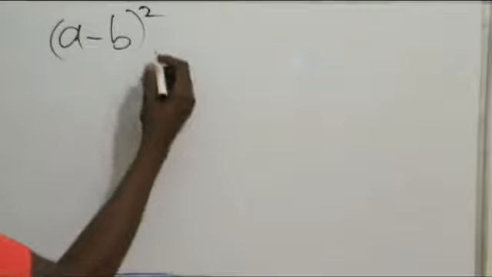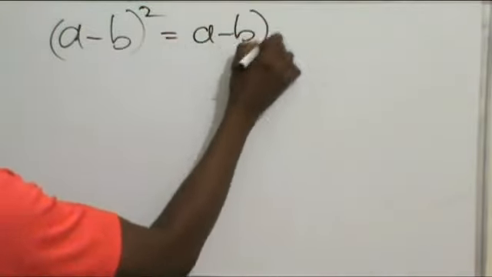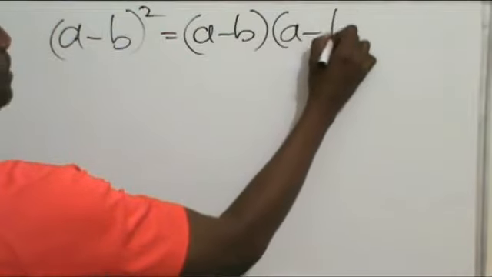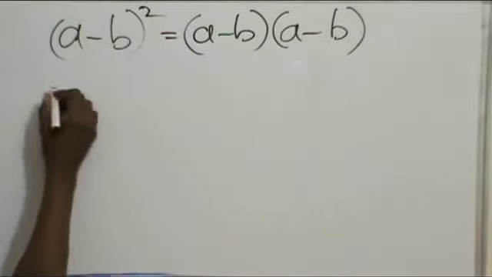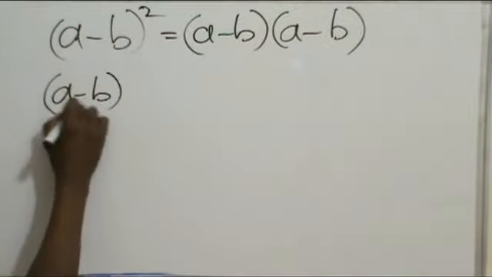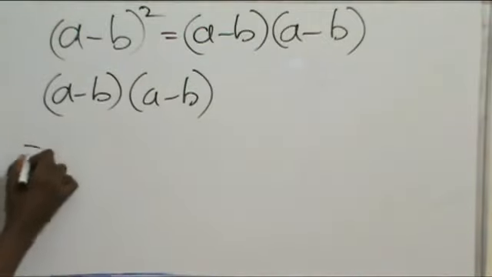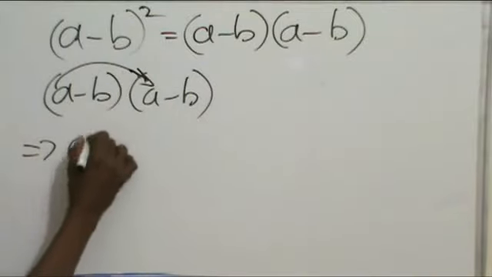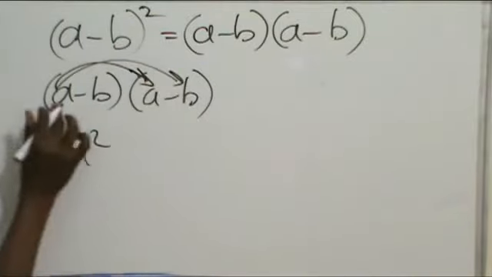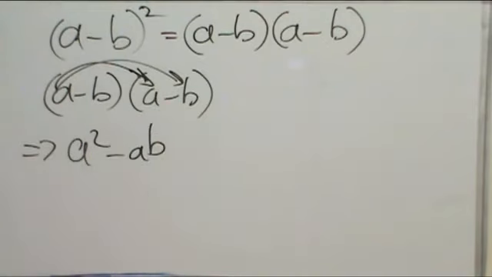Following the logic that we had established a while ago, this will be equal to a minus b into a minus b. We write it out here now: a minus b into a minus b is equal to a by a is a squared, plus a by minus b is minus ab.